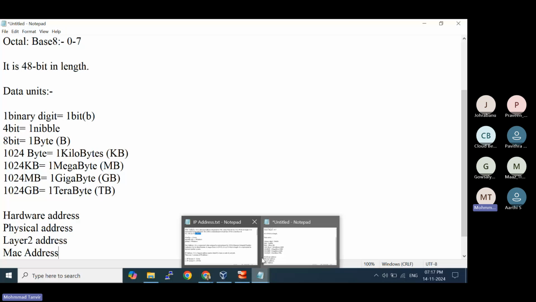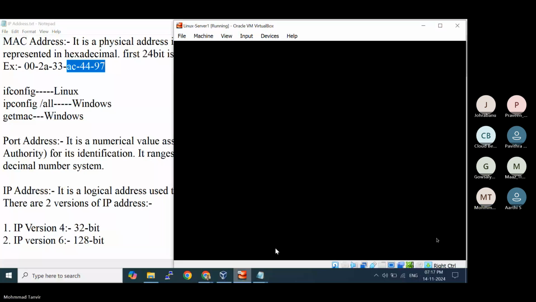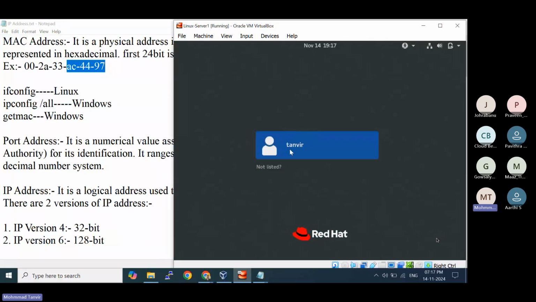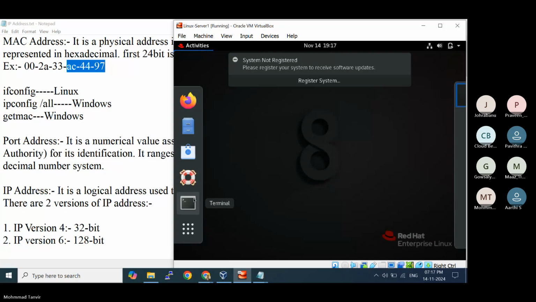So what can we do with the MAC address? We cannot change it, but we can check the MAC address of any interface. We have two options: one is graphical, one is command line. When we talk about Linux, let us see. Here we'll go to the terminal.